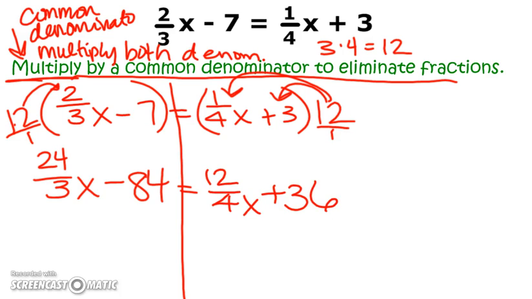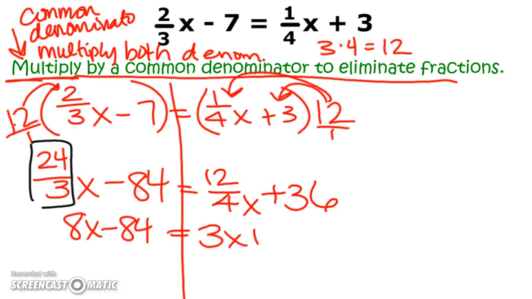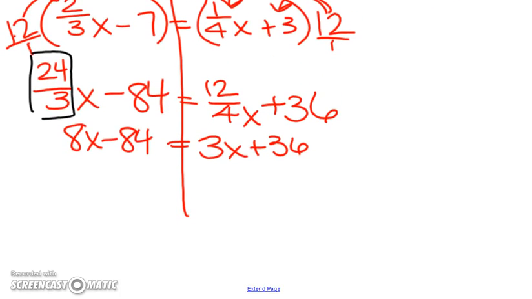Now, it still looks like I have fractions, but if you look, these can be simplified or reduced. 24 divided by 3 is 8x minus 84 equals 12 divided by 4 is 3x plus 36. And now it should look like an equation that we know how to solve.